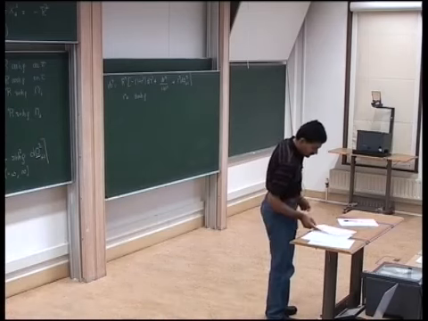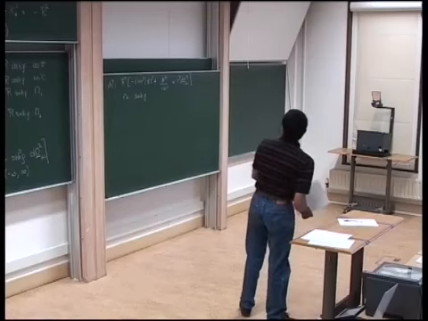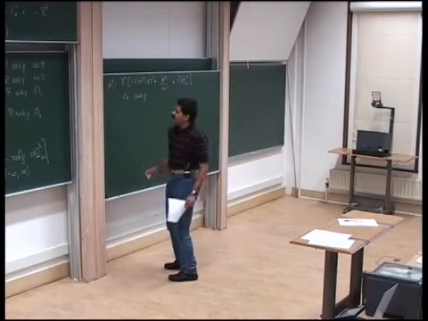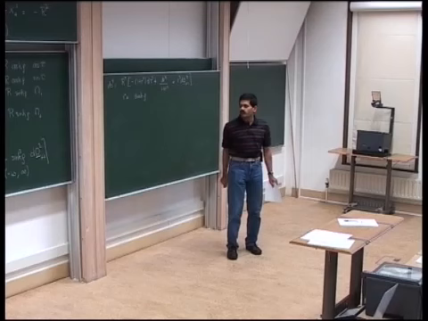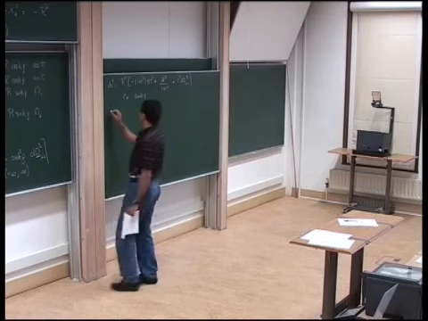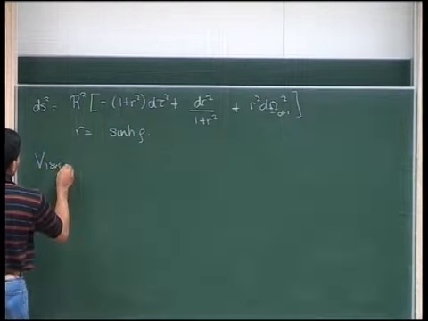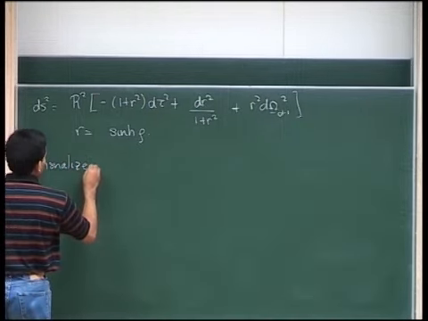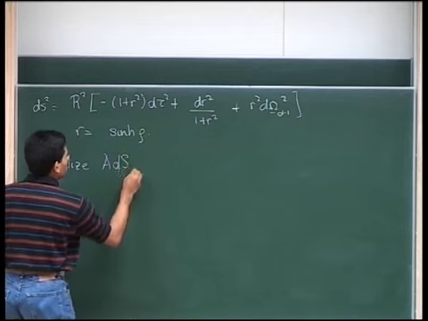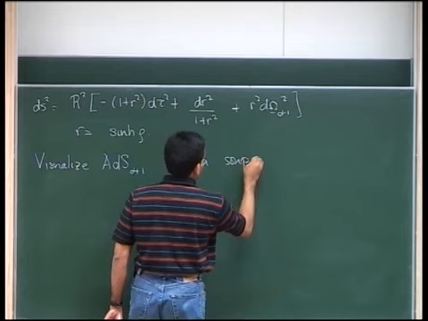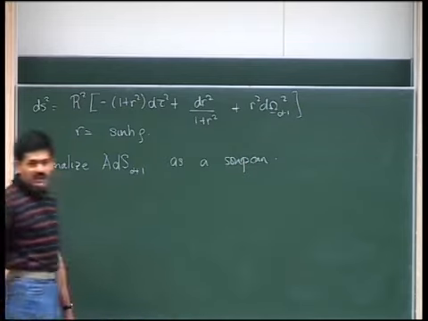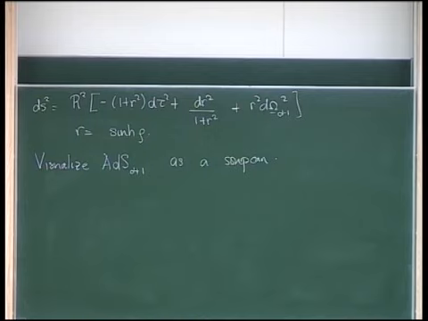I'll tell you the answer and then explain it in terms of what we see there. You should really visualize anti-de Sitter space as nothing but a soup can, an open soup can.